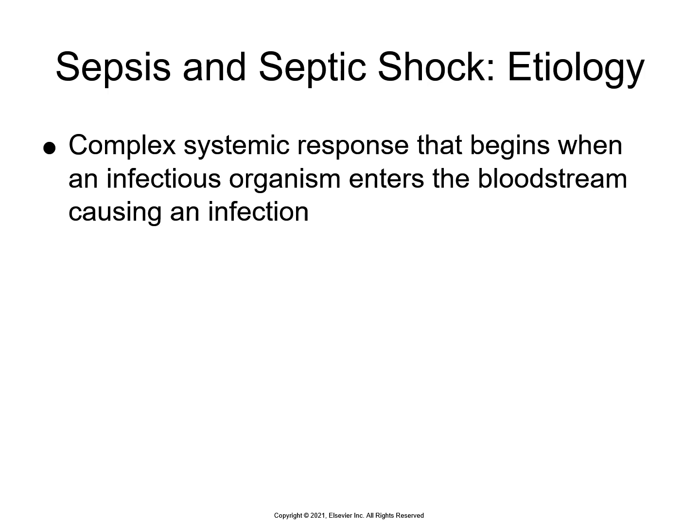So, etiology. It is a complex, extremely complex, systemic response that begins when an infectious organism enters the bloodstream, causing an infection. You get pro-inflammatory and anti-inflammatory cytokines that are released. You remember that in the inflammatory response.